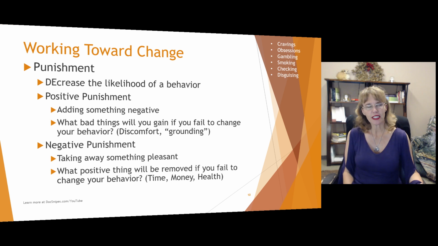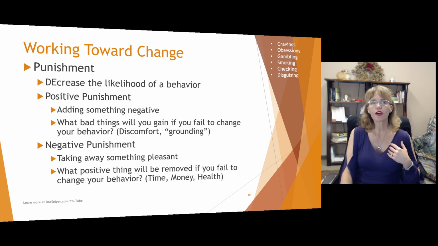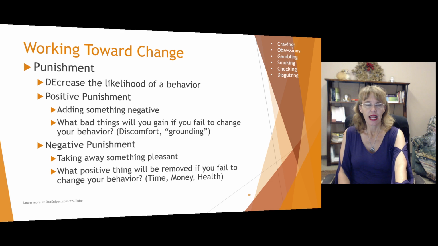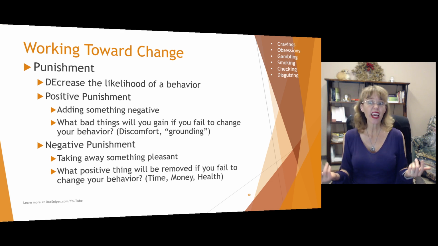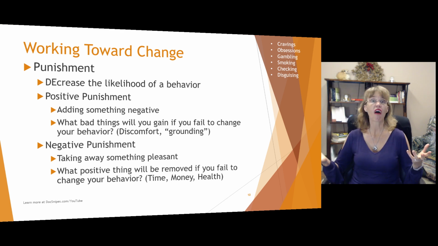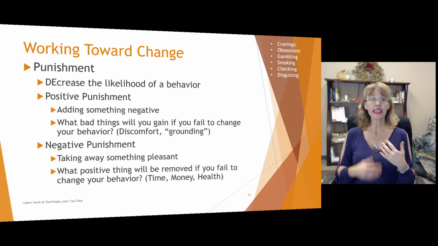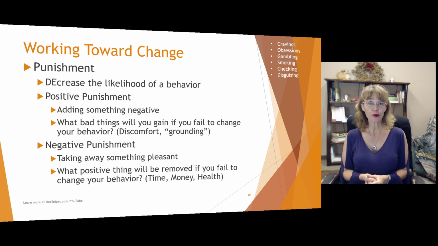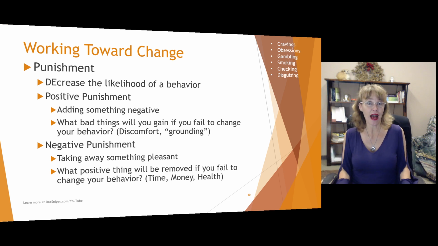In terms of punishment, we want to decrease the likelihood of a behavior. Positive punishment means adding something unpleasant. So think about what unpleasant or bad things will you get if you fail to change your behavior. And this could be discomfort. When people start having obsessive thoughts, one of the things that they can do is something like push-ups or put their hands in an ice bath.